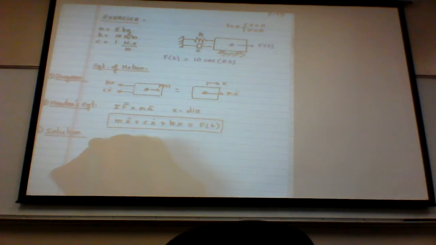So what do we write down over here? The general solution. The solution is of the form x homogeneous of t plus x particular of t.